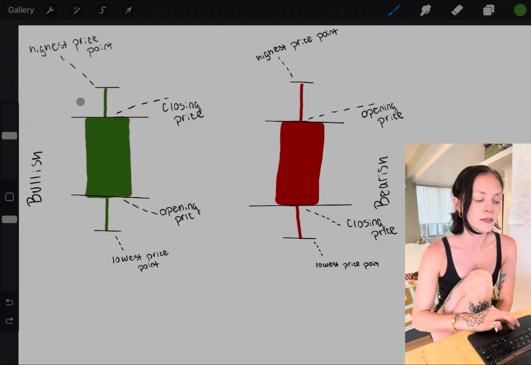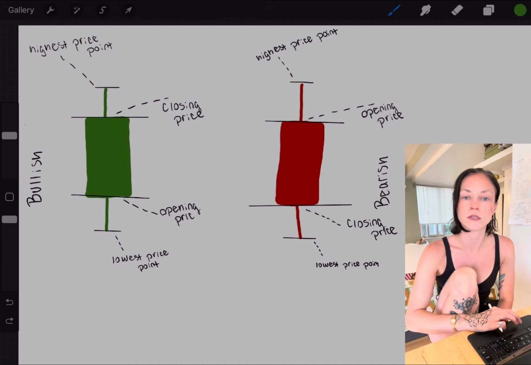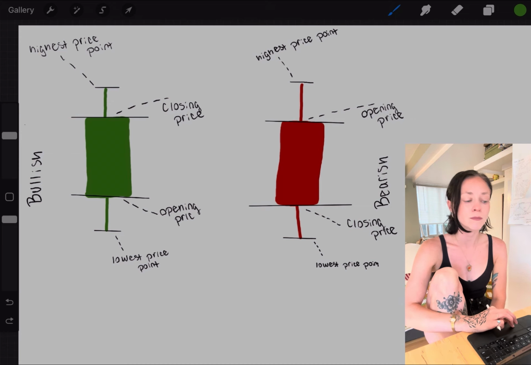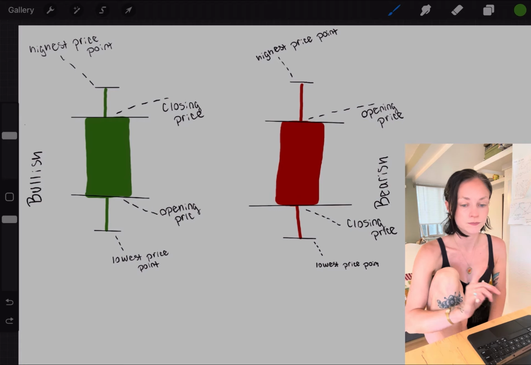The wick is this thin little line that sticks above or below the candlestick body. Those wicks are important and they show you where the price pushed to, but not where it closed at. It's just saying during this 15 minutes, the price pushed all the way up here, but at the end of the time frame, the price actually closed here, but it did make it all the way up here at some point.